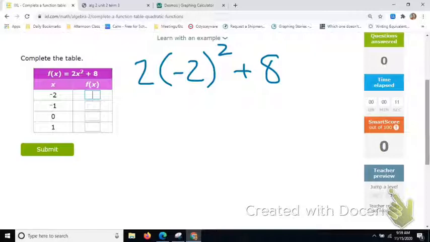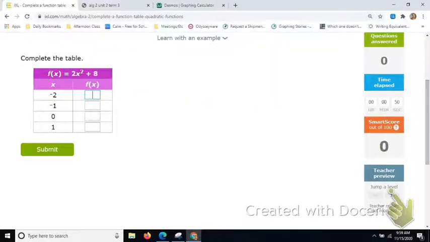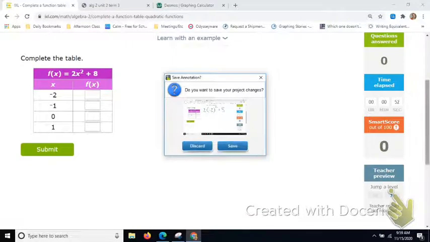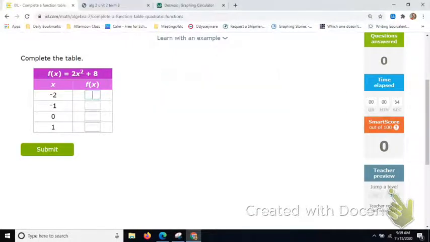But if you're going to use the calculator, be sure that you're putting that negative 2 inside parentheses, and then the calculator will know that I'm squaring that part before I multiply by 2, and then I'm adding 8. These are going to have multiple parts, so this can take a little while. If you're missing them, pay attention, and if you're not sure, ask.